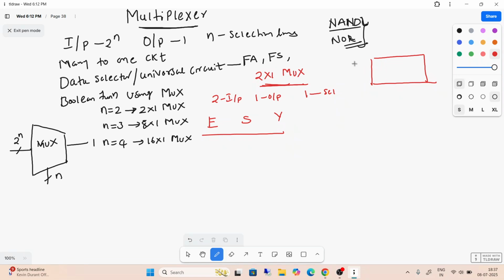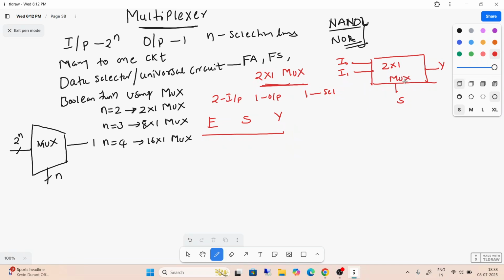So you have two inputs, I0 and I1, one output, and one selection line.